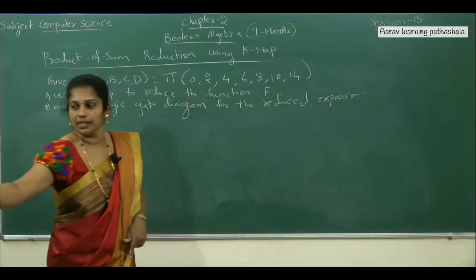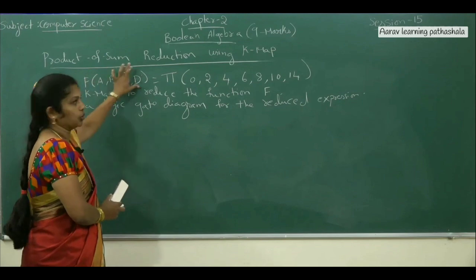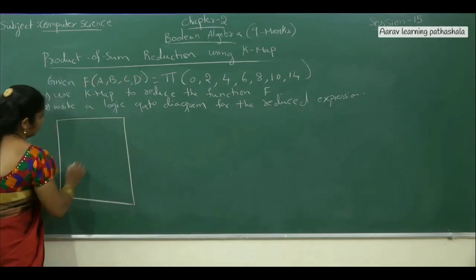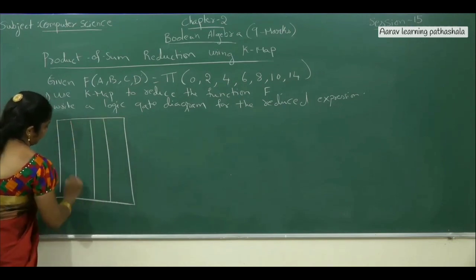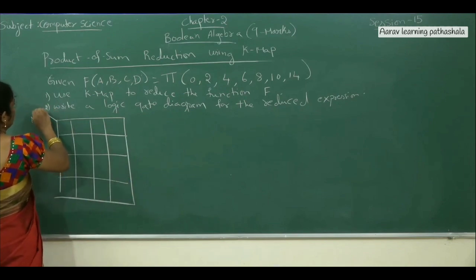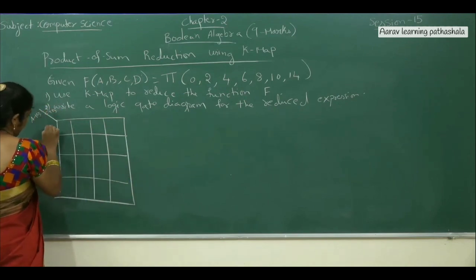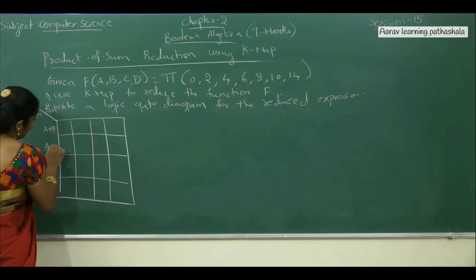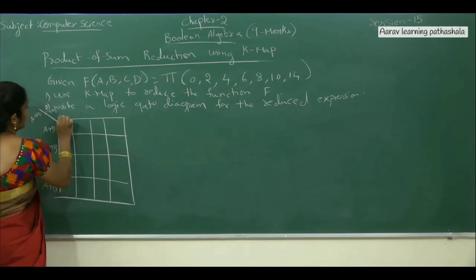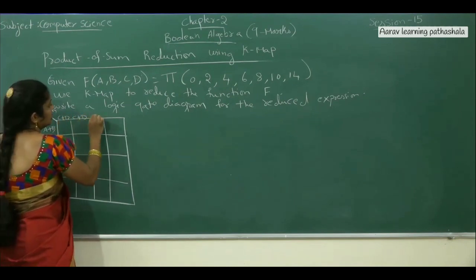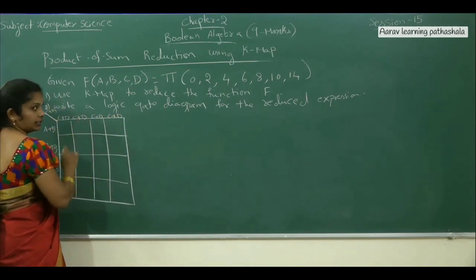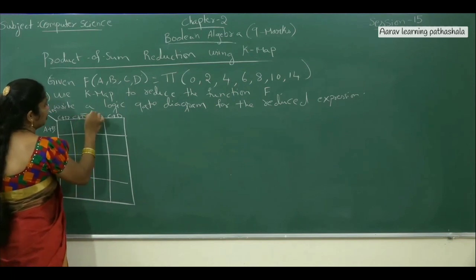Now see the question, totally 4 variables here we have. That's why write down for 4 variables. First A plus B and here C plus D. A plus B, A plus B, A plus B, A plus B. Here C plus D, C plus D, C plus D, C plus D. For the first 3 bar we used to write in min term, whereas here for the first 3 don't put any bar.